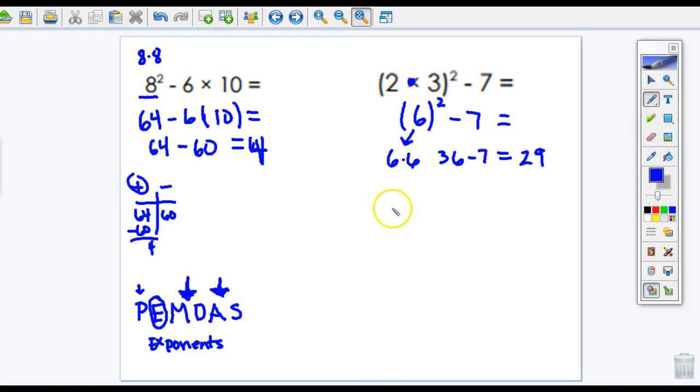Okay? A little bit more complex because, this is true PEMDAS, we had to do what's inside the parentheses and then my exponent and then subtract. So you did multiply and divide out of order, but only because it was inside the parentheses. So if you have this copied down, go ahead and wait for me to go to the next slide. Otherwise, push pause, write it down, and when you're ready, push play.